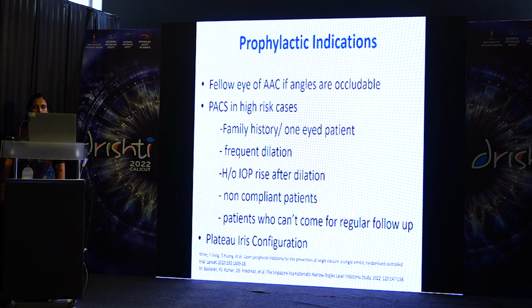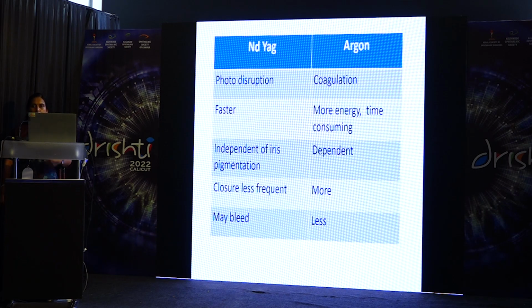And also you have to do laser PI in case of plateau iris configuration to counteract any element of relative pupillary block. Usually we use two types of lasers, ND-YAG as well as argon. We prefer ND-YAG because it is faster, it has a quick cutting action, it has a photo-disruptive effect. But the main disadvantage is that it may bleed, especially in patients on anticoagulants.